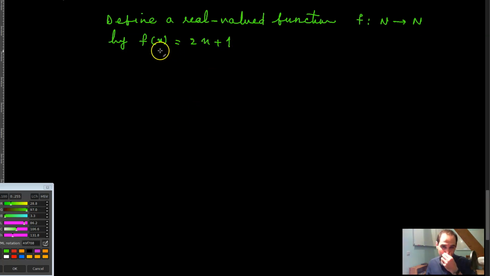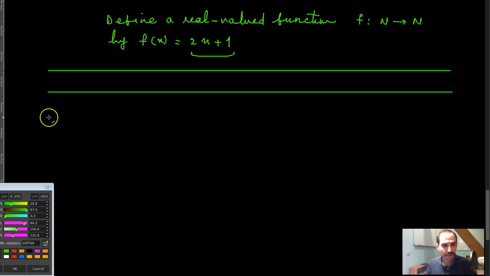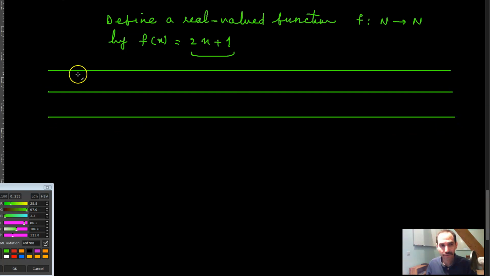So this is the image of x under f, and this is your x. Using this definition, complete the table below. I just want to give you this example; otherwise, we will talk more about this later.